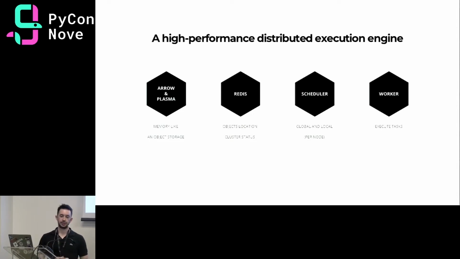They use Redis to keep track of the status of the cluster and all the information about the nodes. They have a global and a local scheduler, and they just have workers to execute the tasks. They have an internal implementation of DAGs to decide how to run code. In other words, it's extremely fast. It works well so far.